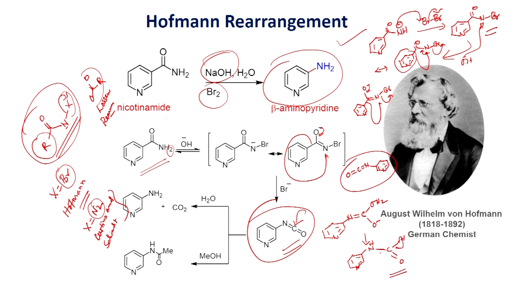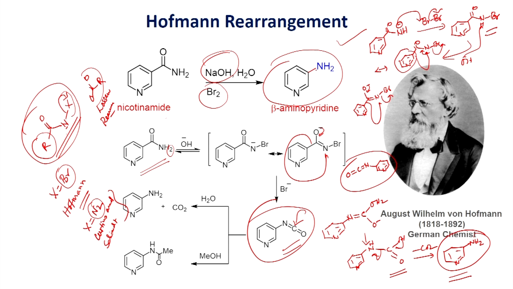Now it can lose carbon dioxide and you will be able to form this beta-aminopyridine as the product.